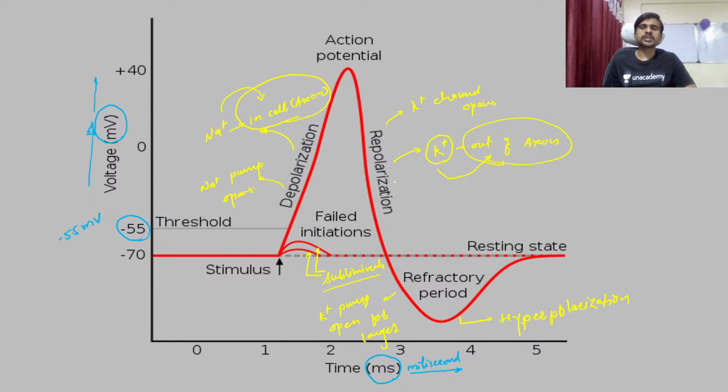Okay, so this is repolarization, depolarization. Depolarization is your first event, repolarization is your second event, and this is your third event, hyperpolarization.